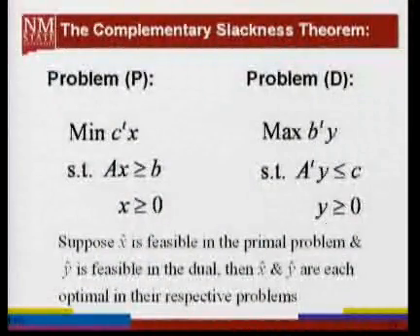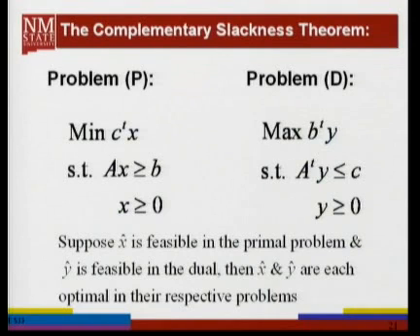Okay, then next, let's talk about the complementary slackness theorem, which is another very important theorem in duality. Suppose x hat and y hat are feasible solutions in the primal and dual problems, respectively.